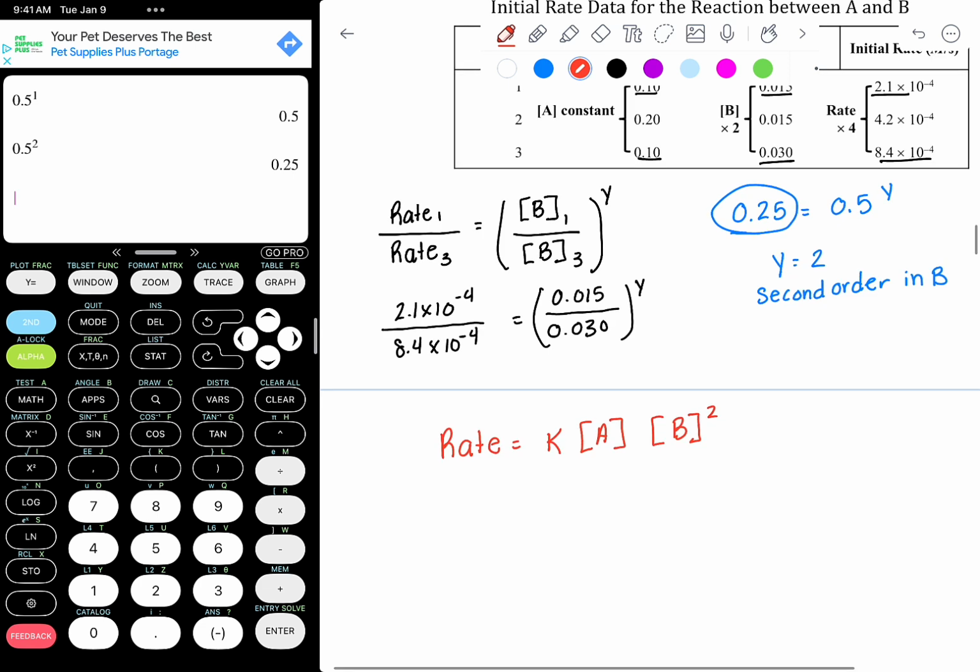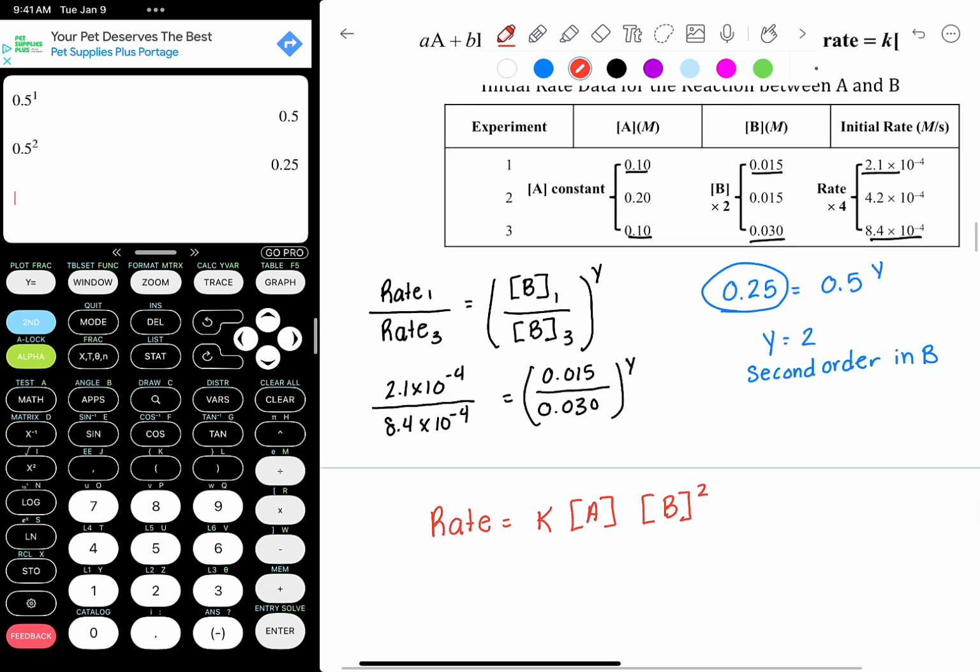So we have 3 different experiments to choose from where we know the concentration of A and B, and we know the rate for 3 different experiments. As long as you're pulling the information from the same experiment, you can find the rate constant because the rate constant will be the same for all 3 experiments.